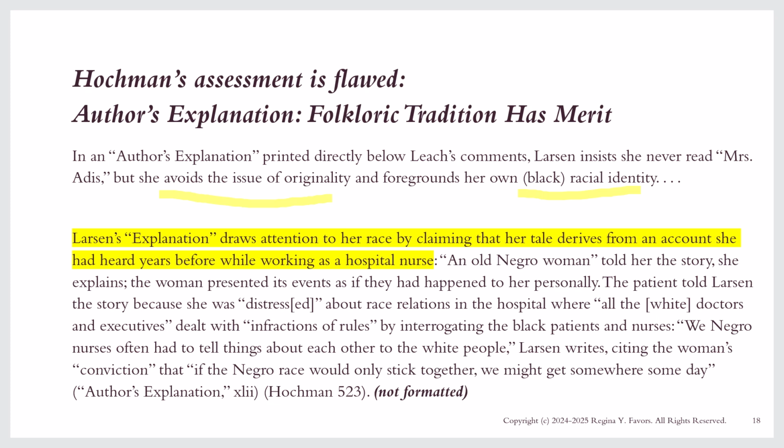Still, it is a bit challenging, because a lot of these stories, with her being considered a Negro woman, even as a biracial woman, it is possible that she came across the old Negro woman who told her about these stories and told her that we need to stick together in terms of racial allegiance and things like that.